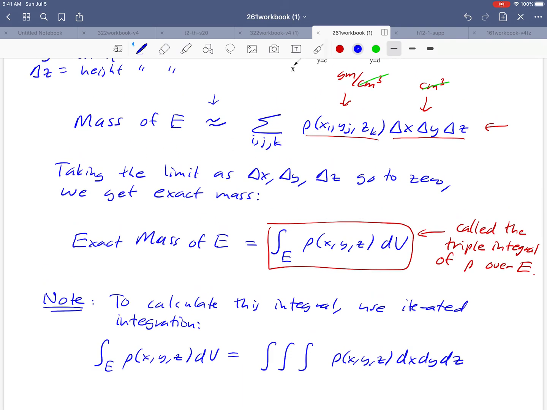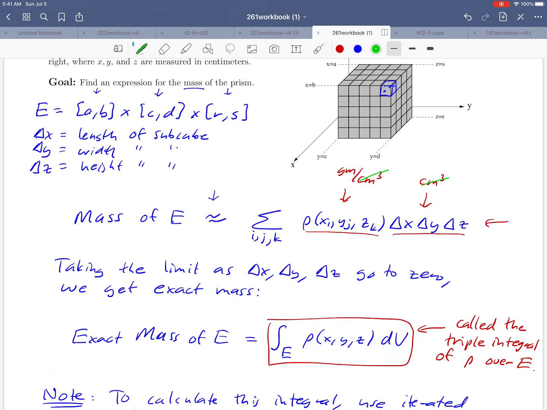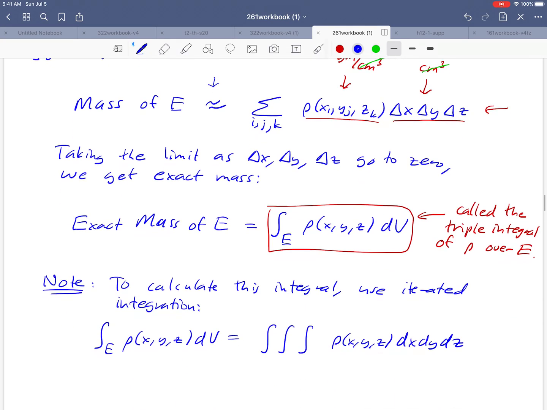We can look back at the beginning of the problem and see that our x's go from a to b, our y's go from c to d, and our z's go from r to s. If we put those on as our limits, here's what we're going to get. And the rest of this section will be devoted to setting up and evaluating integrals like this.